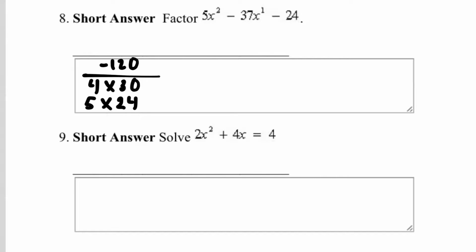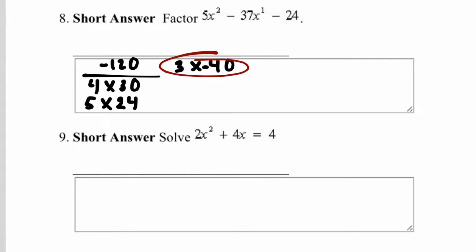How about 3? 3 and 40. There you go. I want a negative, so I'm going to make the 40 negative. 3 and 40 make negative 120. 3 and negative 40. 3 minus 40 is negative 37. That's the one. So that's our number that we need.